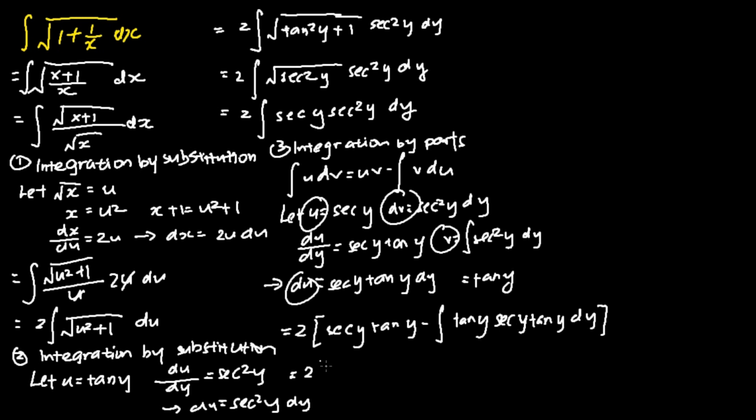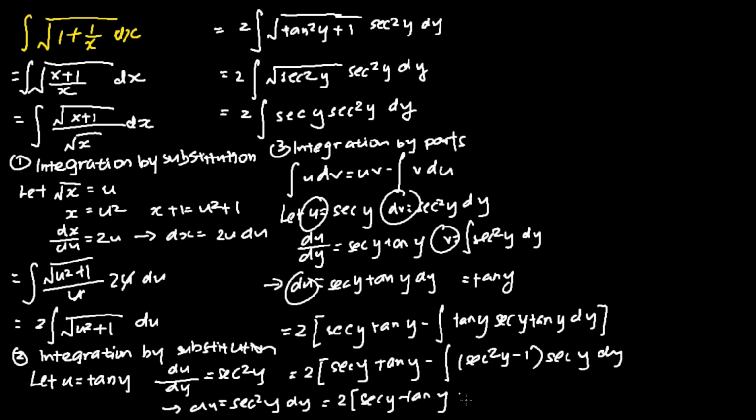And we know that tangent times tangent gives us tangent square y, and then based on the trigonometry identity, tangent square y is equal to secant square y subtracting away 1, times secant y dy. We further simplify into the following. It becomes the integral of secant cube y plus the integral of secant y dy.